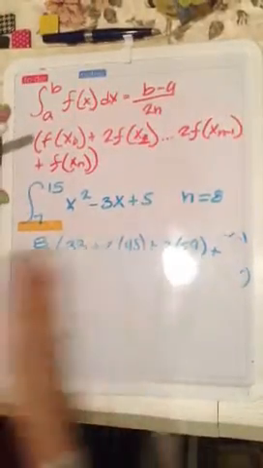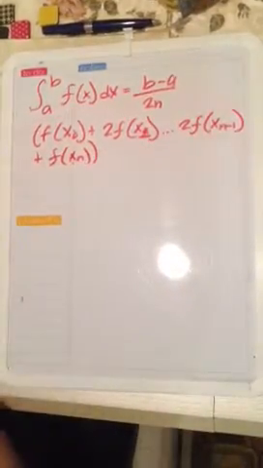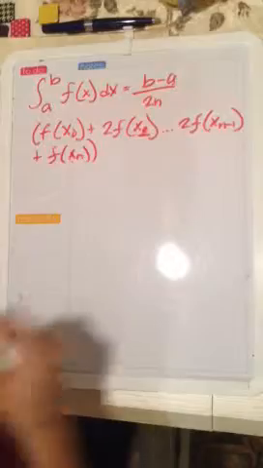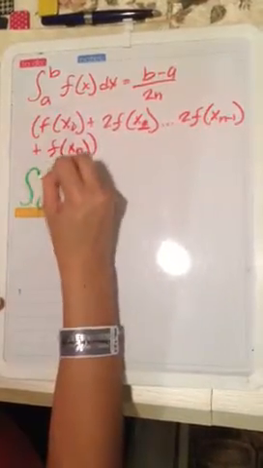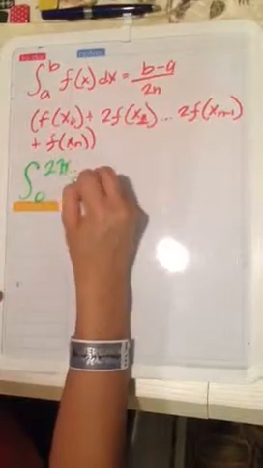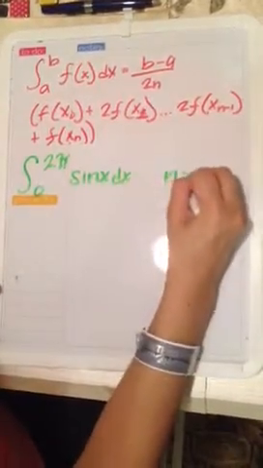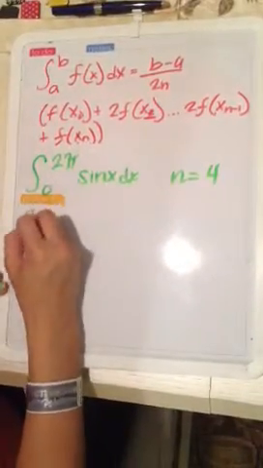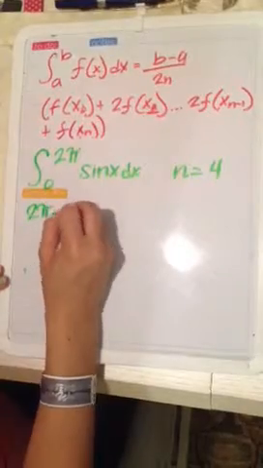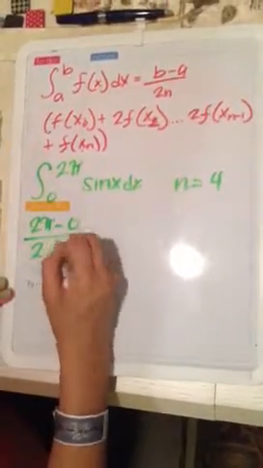Now our second example would be the integral between 0 and 2 pi of sine x dx, where n equals 4. Use your formula and you get 2 pi minus 0, which is b minus a, over 2 times n, and n is 4.